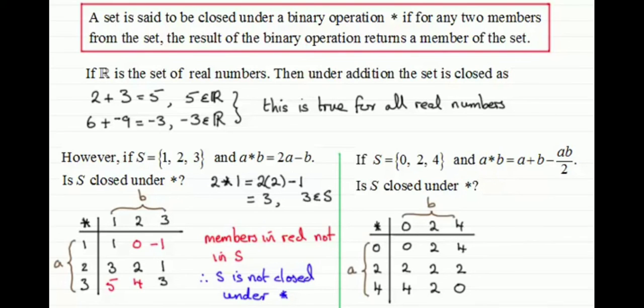We have to form the composition table. So use the formula, and the left hand side elements are the members of a and the topmost are the members of b. So 0 star 0, you calculate by 0 plus 0 minus 0 by 2, the answer is 0. So if you perform the operation, all the elements are in the set again. Therefore S is closed under the binary operation star.